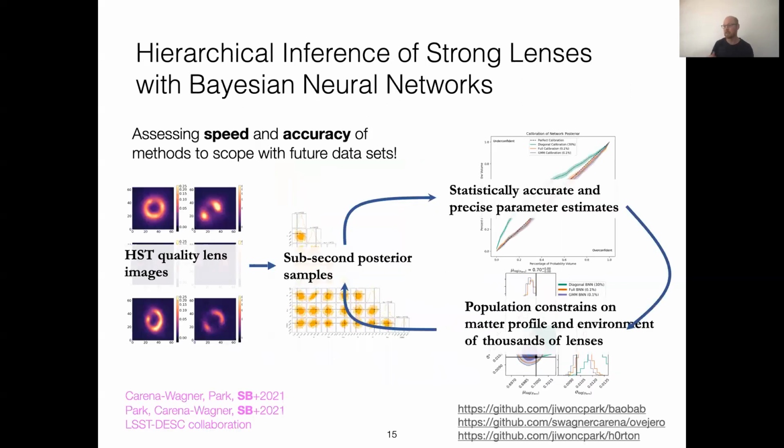The team at Stanford, led by two PhD students, Sebastian Wagner-Carena and Aaron Park, put in a lot of work in making use of Bayesian neural networks and hierarchical inference to debias the priors that we put into the training set and ensure that we get statistically accurate parameter estimates.